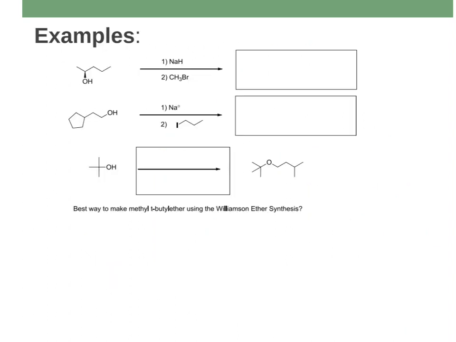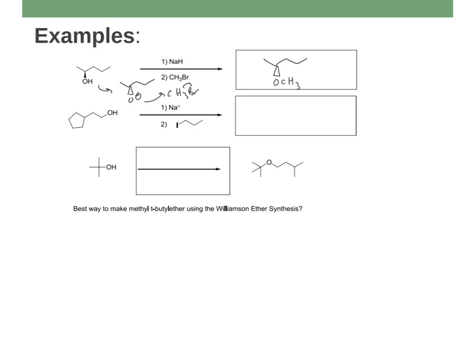So let's look at some examples. Here, step 1, right off the bat, I'm saying add NaH. So now I know that this molecule becomes O minus. And then I have CH3Br, so I know that this is going to attack the back of that carbon-bromine bond to give me OCH3.